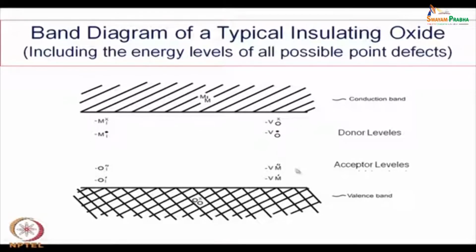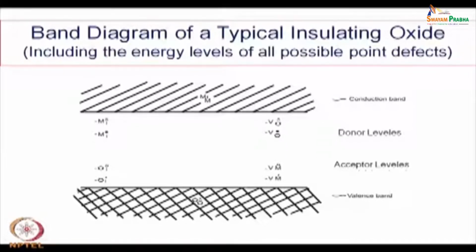On the lower side you have both single charge and double charge. On the top it is actually single charge, neutral and single charge, neutral and single charge. That is because of the way we have designated it.